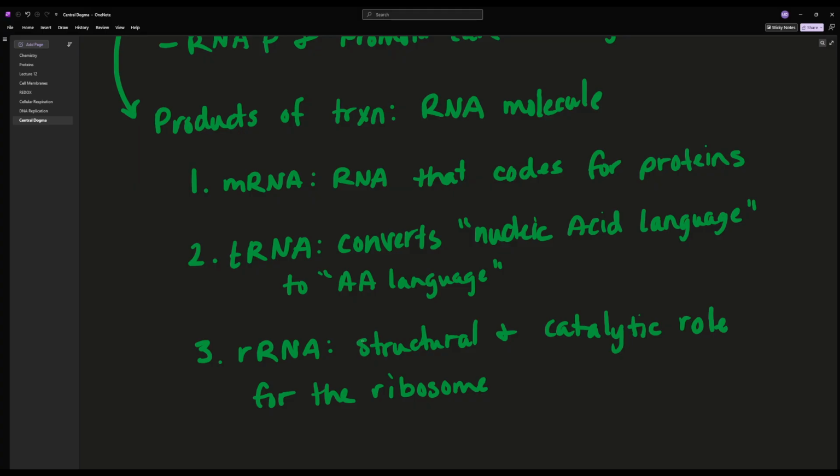So the ribosome is composed of both proteins and RNA. Note that there are many, many other types, including microRNAs, silencer RNAs, small nucleolar RNAs, small nuclear RNAs. What else?